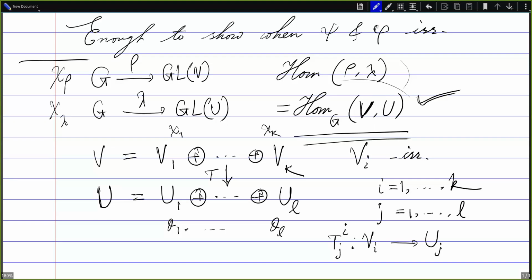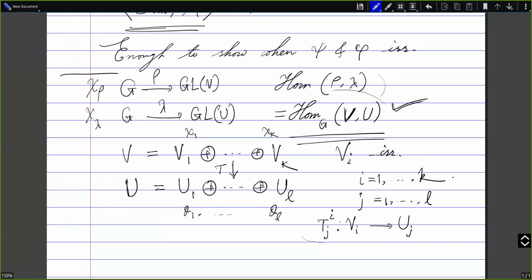This restriction and then projection technique is not anything new to us. We have used it earlier when we were discussing the group algebra. So for each i and j, we have a map like this, and for each G-invariant T, we have a collection Tij where i runs from 1 up to k and j runs from 1 up to l.